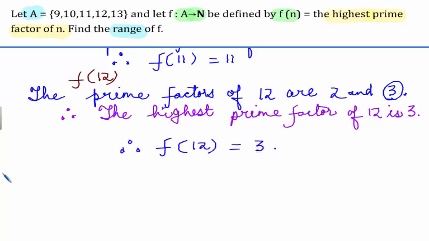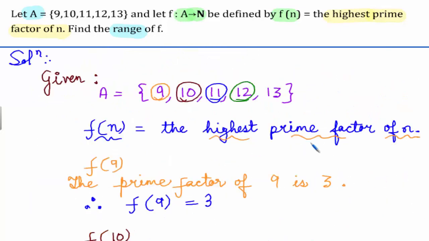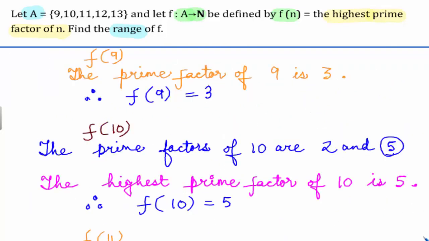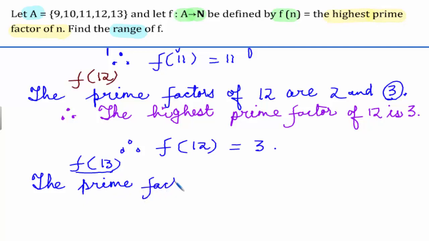And finally, we have to find f of 13. We say prime factor because there is only one prime factor of 13, that is 13 itself.